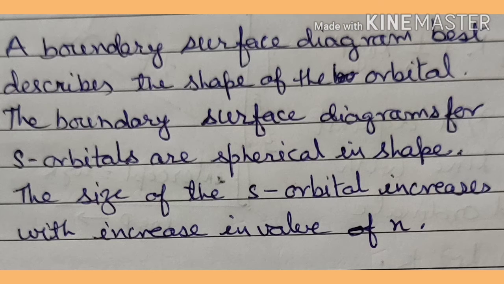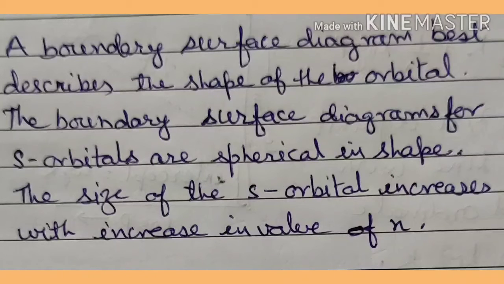A boundary surface which encloses the region of maximum probability, say near about 90%, best describes the shape of the orbital. It is not possible to draw a boundary surface diagram which encloses the region of 100% probability, because probability density has always some value, howsoever small it may be, at any finite distance from the nucleus.